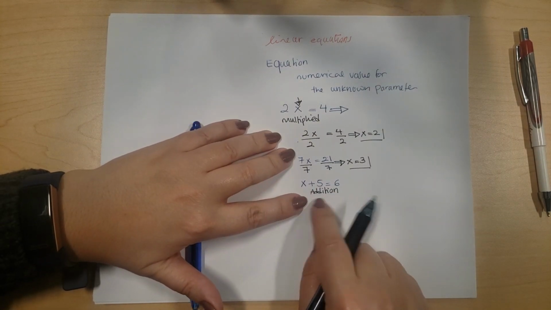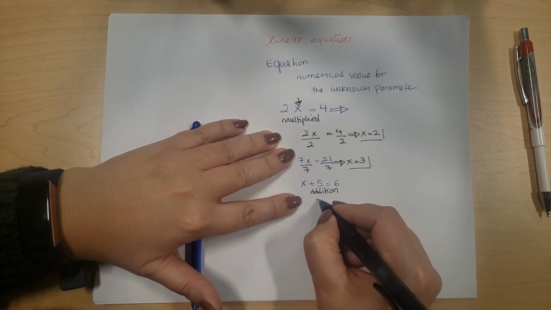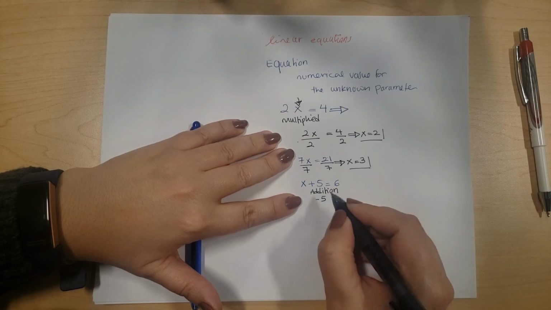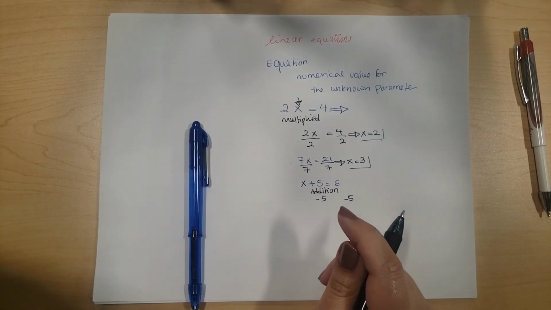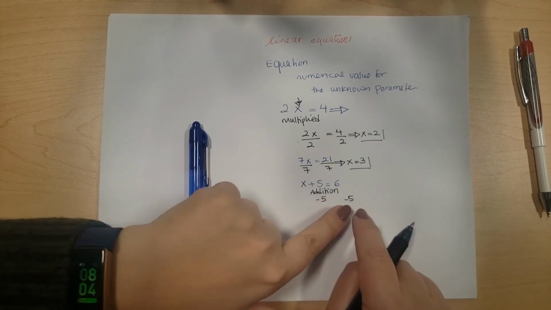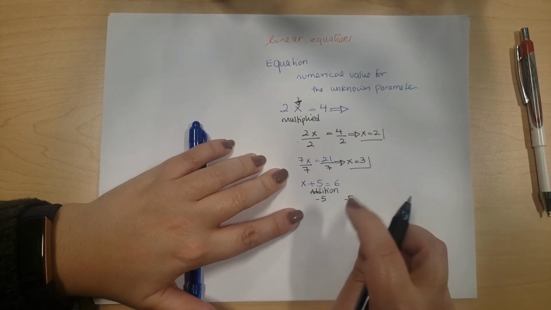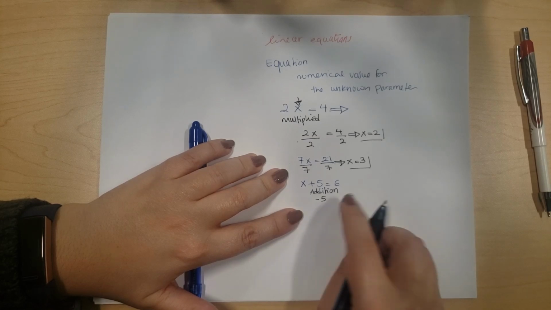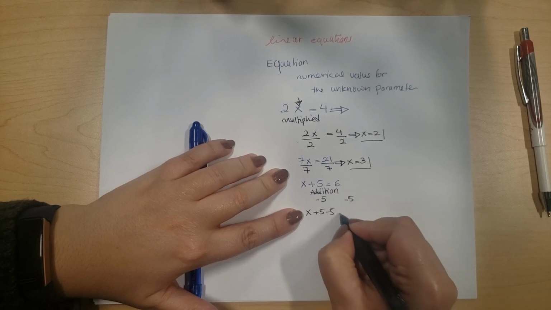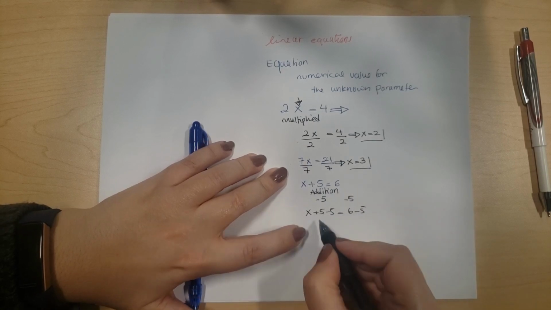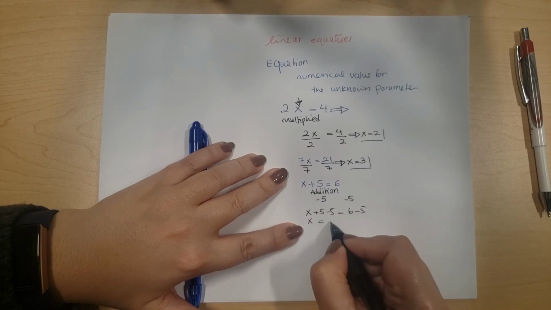Because the operation is addition, I have to do the opposite of addition, which is subtraction. I subtract 5 from both sides, because it's an equation. Whatever I do to this side, I should be doing the same thing to the other side. Then I would have 5 minus 5 equals 6 minus 5. 5 minus 5 is 0, so x equals 6 minus 5, which is 1.